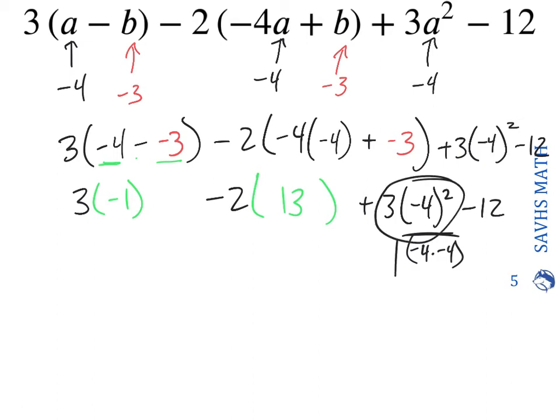So all of this is 48. Then let's do the 3 times negative 1, which is negative 3. The negative 2 times 13 is negative 26. Then I have plus 48 minus 12. So now I'm just going to use my calculator. Negative 3 minus 26 plus 48 minus 12. And my answer is 7.